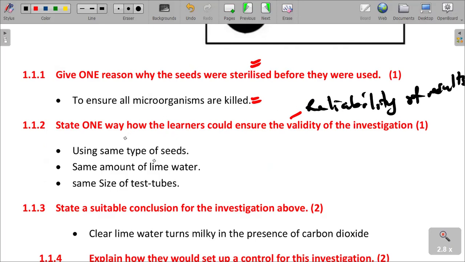One, using the same type of seeds. The same type of seeds must be used, the same amount of lime water, and the same size of test tubes. They must also repeat the investigation.